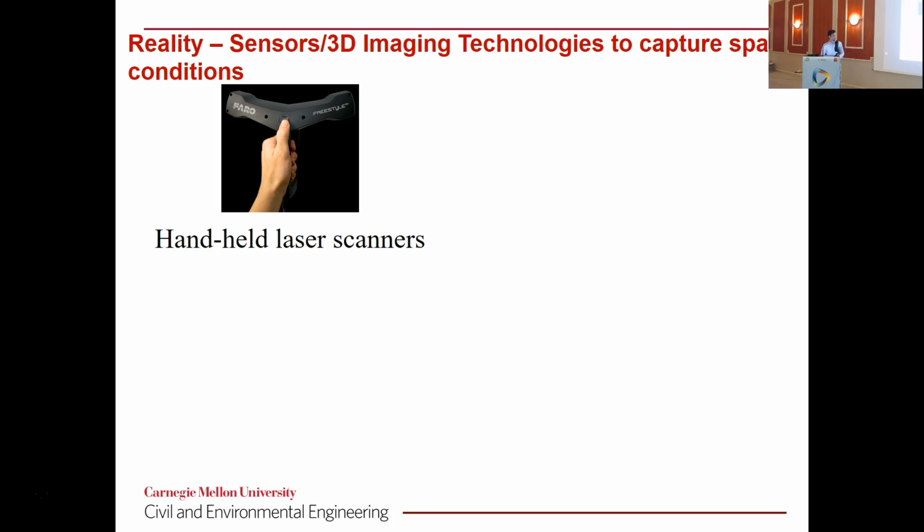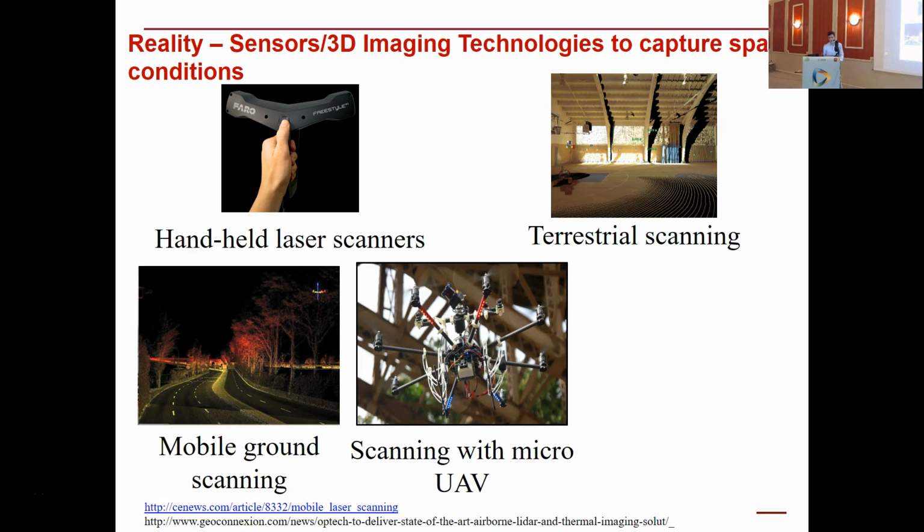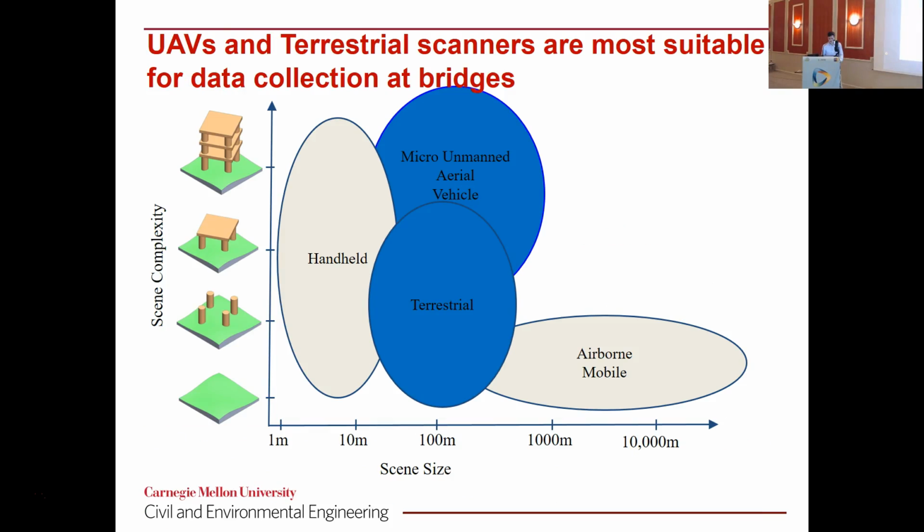For example, the first one is handheld laser scanners. Then we see options including terrestrial scanning, then mobile ground scanning units, then scanning units attached to micro UAVs, and then airborne LiDAR capturing units.